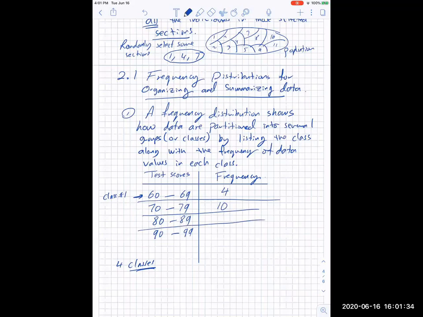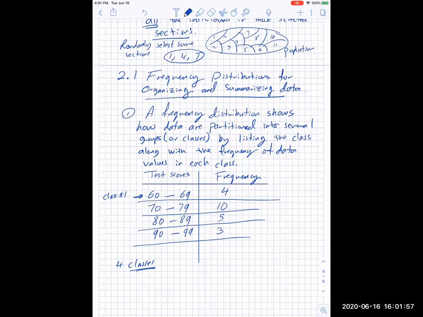The next one, let's say 5. The next one is 3. So each class has a frequency, correct, partitioned, each class, which is a subset from the sample, and each class has a frequency.